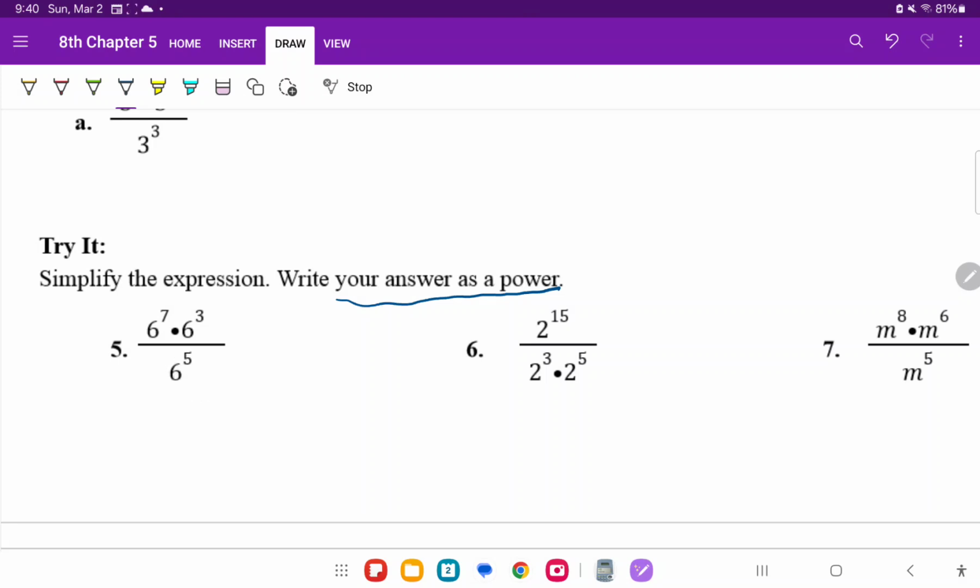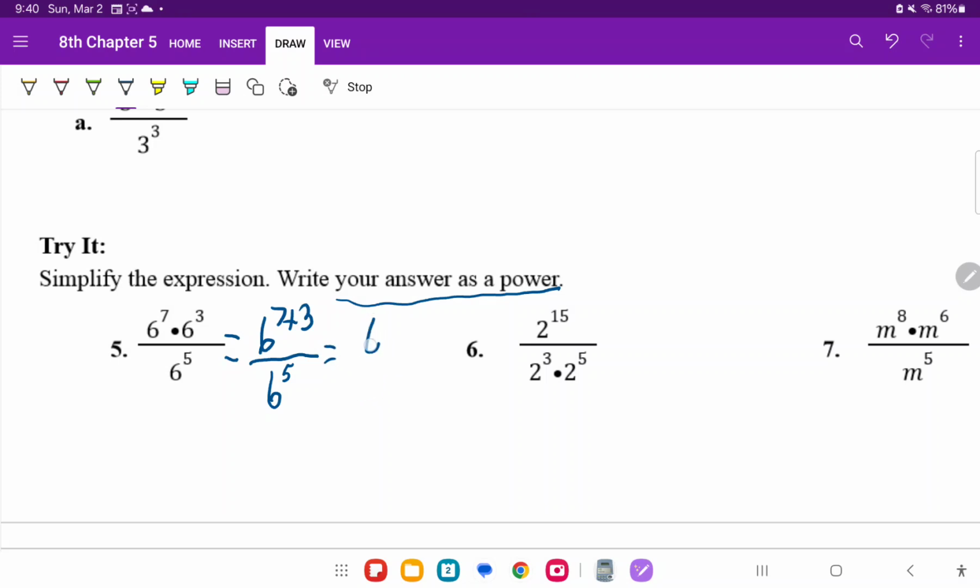So you can kind of think of this as kind of like following PEMDAS, where you have to do the numerator, then you process it with the denominator. So what this is going to be is on the top we have 6 to the 7 plus 3 over 6 to the 5th, because that won't change.